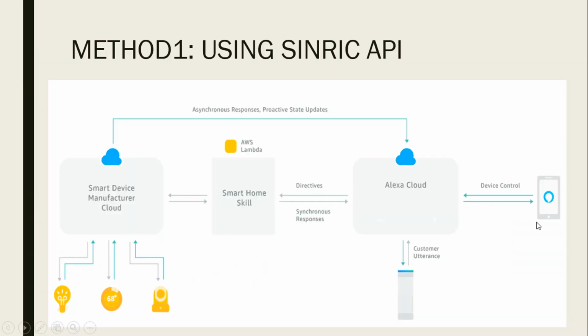Okay, so here we are sending a voice command through our application, and this command is directly forwarded to the Alexa cloud, and this cloud is connected to a smart device manufacturer cloud, which in this case is Synric. Synric has a cloud basically.